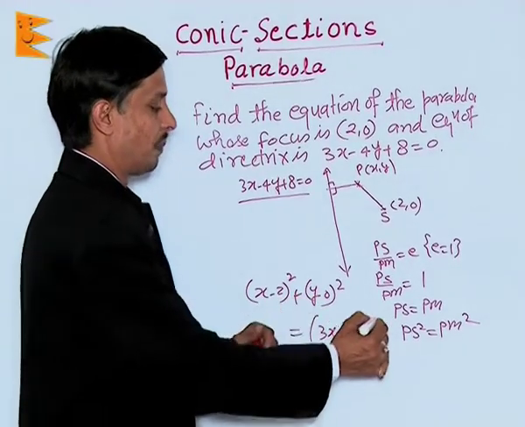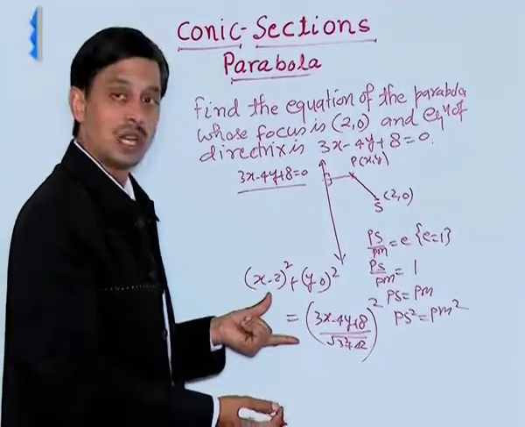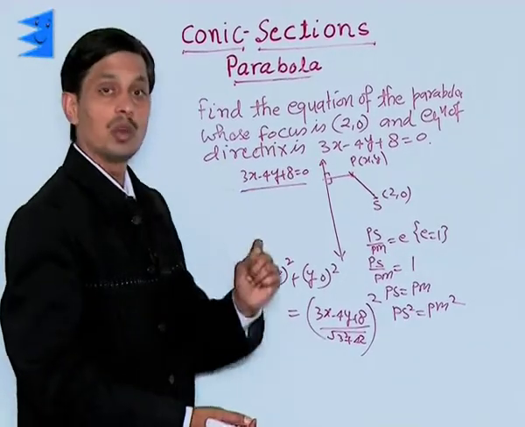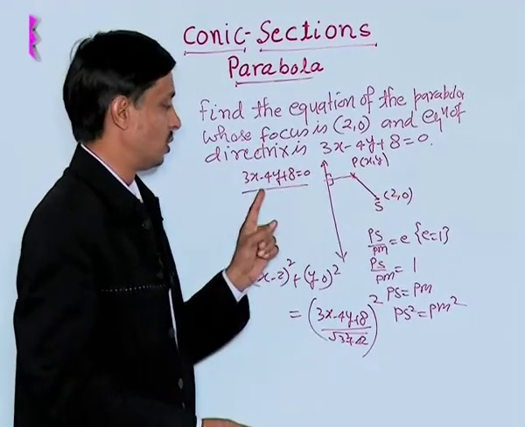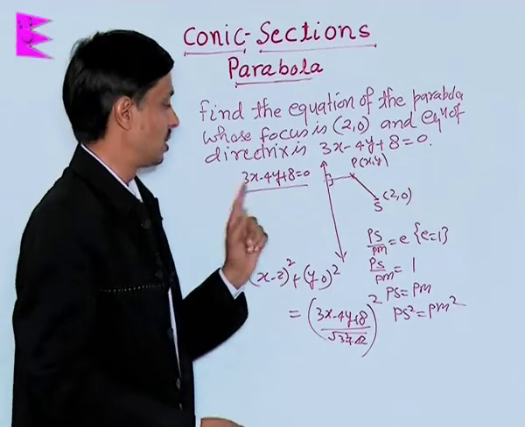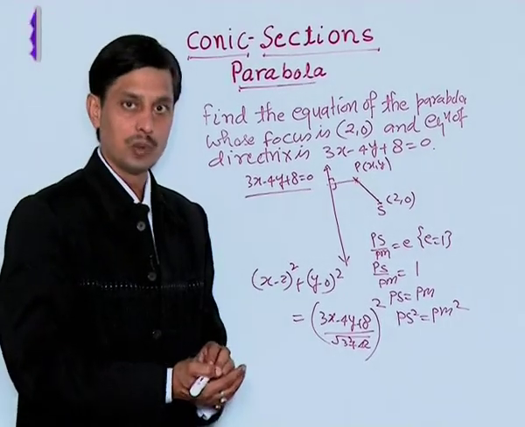This is PM, but we need its whole square. So simplification of this relation will give us the equation of the parabola whose focus is 2 comma 0 and equation of directrix is 3x minus 4y plus 8 equals 0.